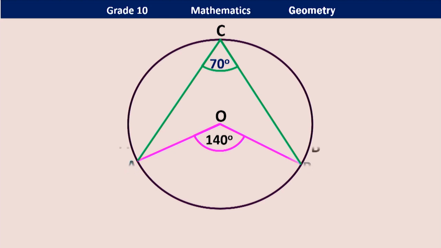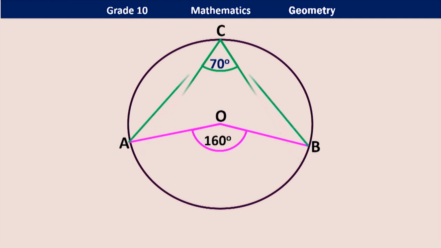I will get another set. This time the magnitude of AOB is 160 degrees. Once again, I am going to mention an angle which is subtended by the same arc AB on the remaining part of the circle. So, the magnitude should be half of 160 degrees. So, that is 80 degrees.